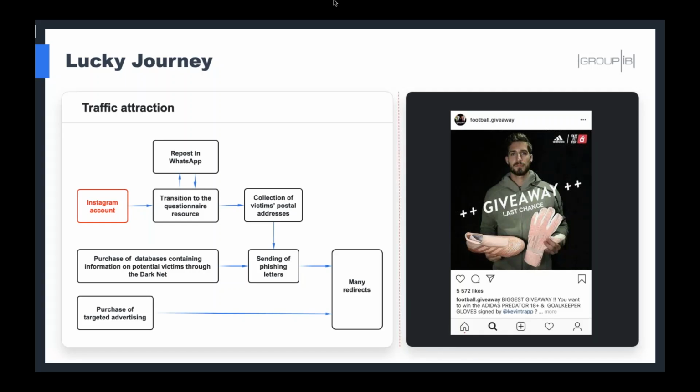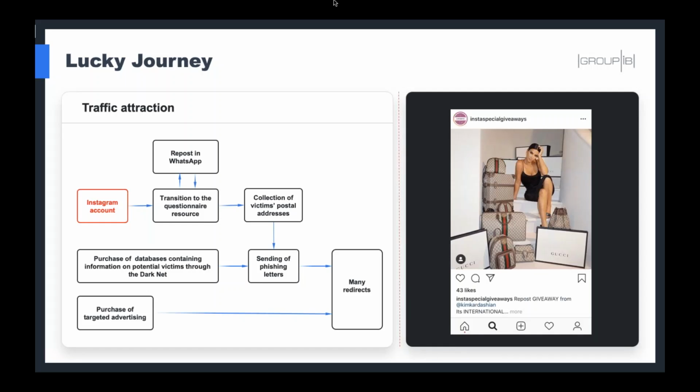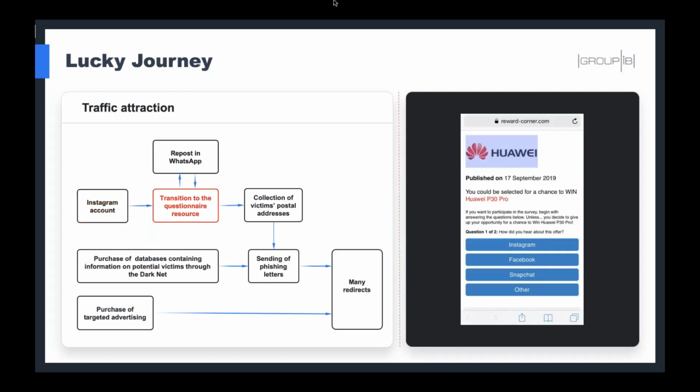For example, here you can see an example of an Instagram account saying, hey, we're having a giveaway, last chance for a popular brand. We detected, by just one guy, more than 20 different posts via Instagram from different accounts using different popular brands, not only retail, but it could be anything else, even really technical companies.